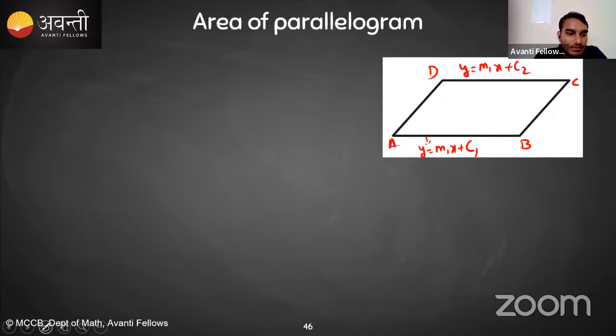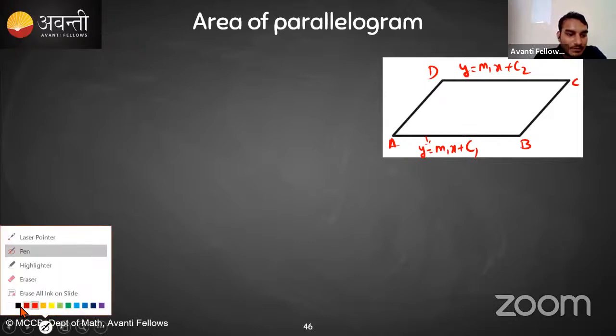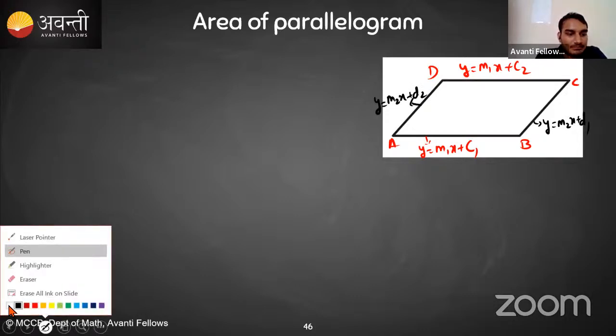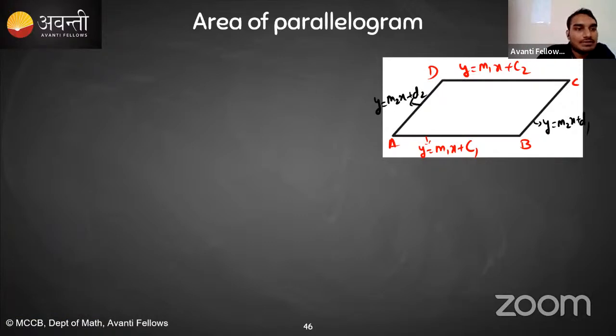Similarly, write BC as y = m2x + d1. The line parallel to BC is y = m2x + d2. Is this clear, students? Chalo.